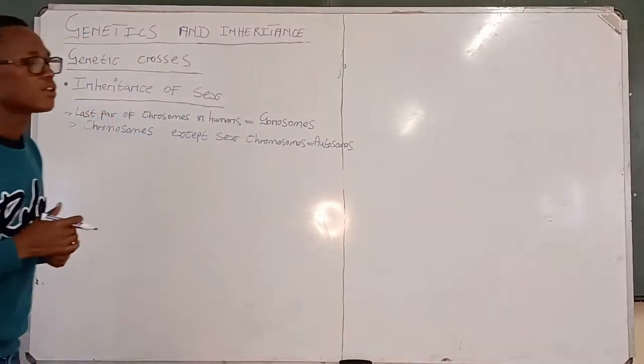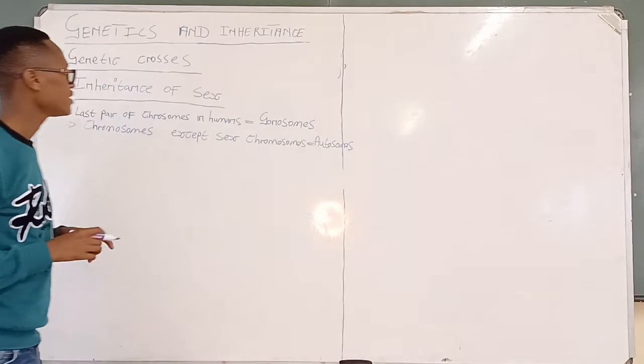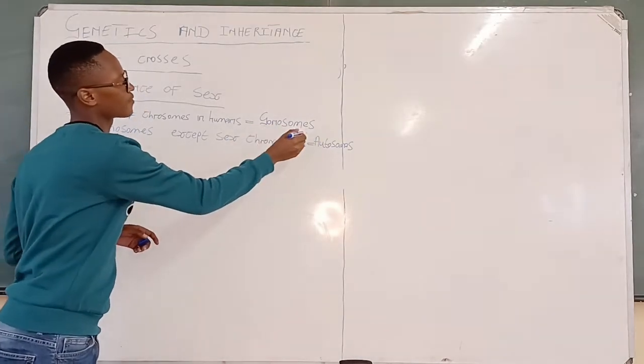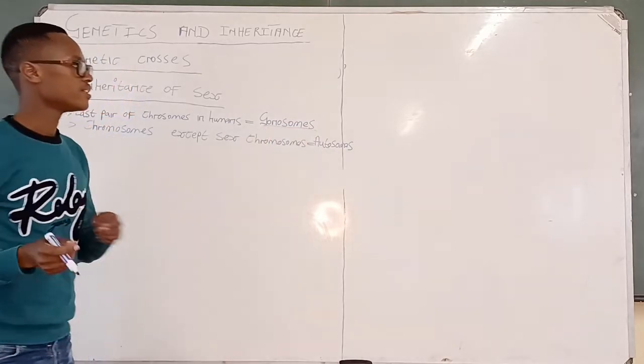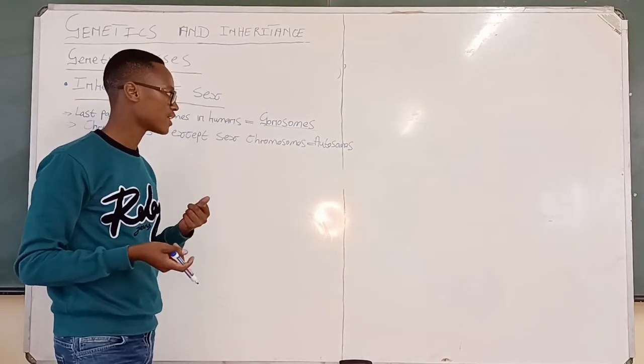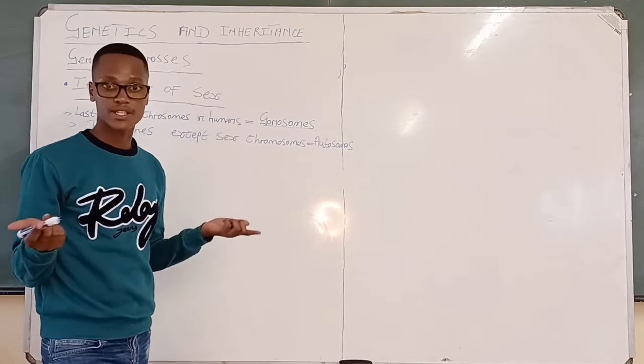Okay, so here our focus is mainly on the gonosomes, the sex chromosomes. These gonosomes are different in males and females. So the sex chromosomes are different in males and females.